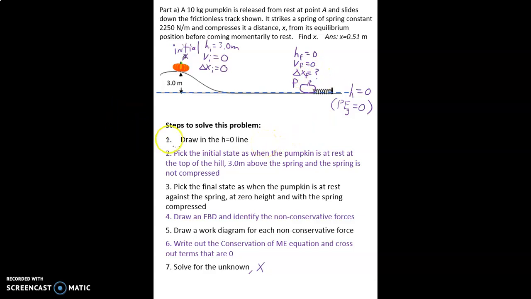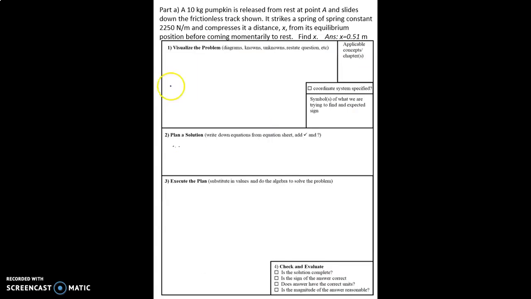Now we'll finish these steps. Free body diagram, we can do that on the next slide. We're actually going to have 3 free body diagrams. There's one where it's on the hill. We've got normal force and weight, but the normal force is perpendicular to the displacement.